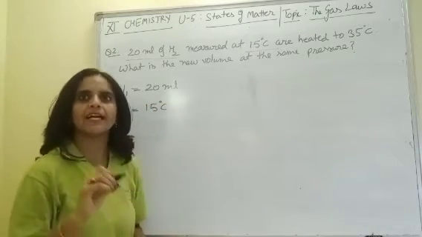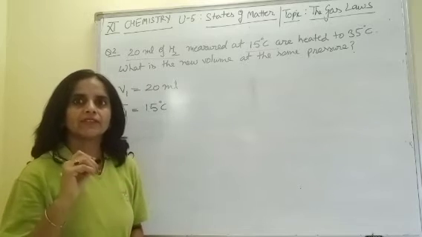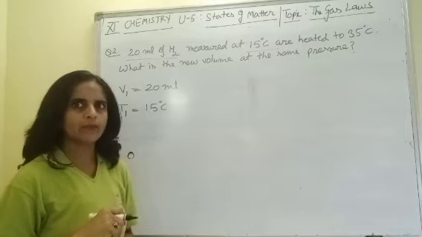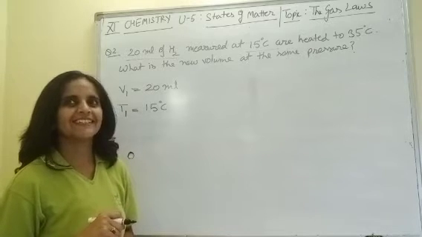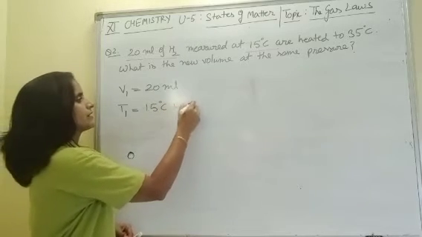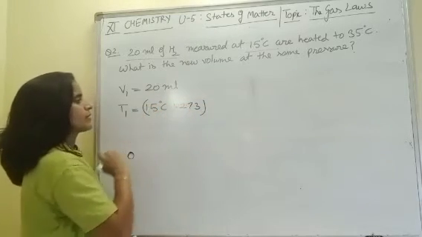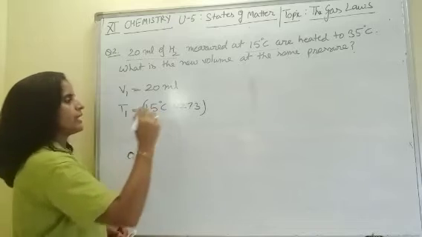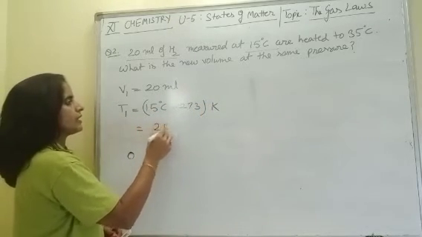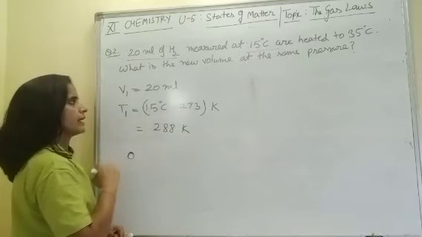If you remember, I told you in theory part that for all the calculations, we will take temperature in Kelvin. So what should I add? Yes, 273. Good answer. So plus 273. Right? So that temperature is converted into Kelvin, that is 288 Kelvin.